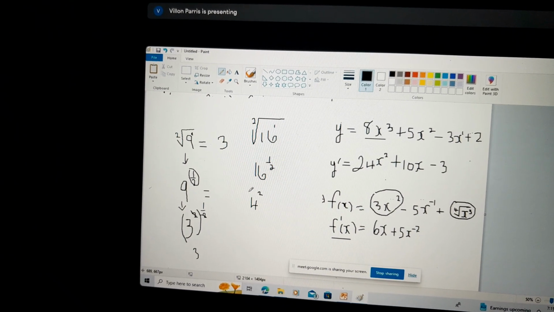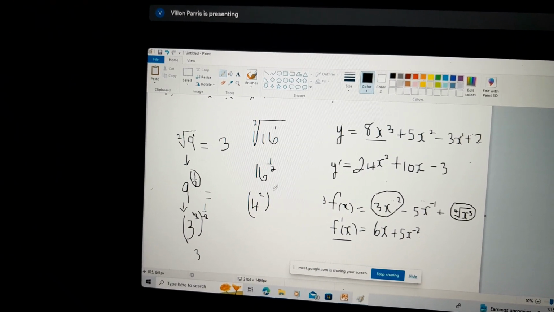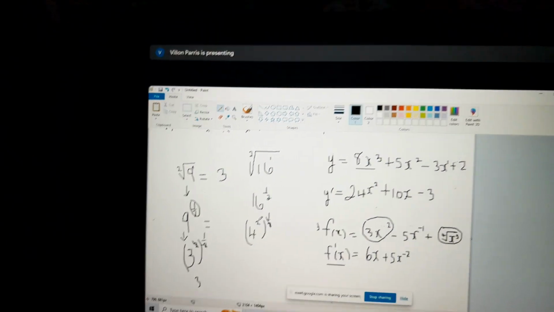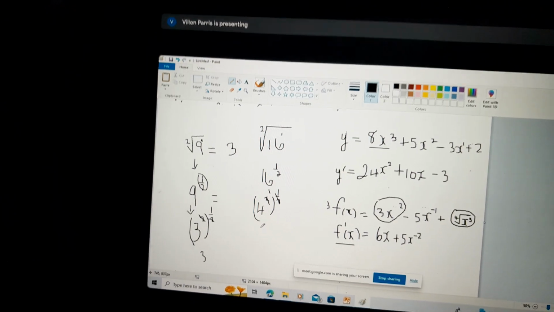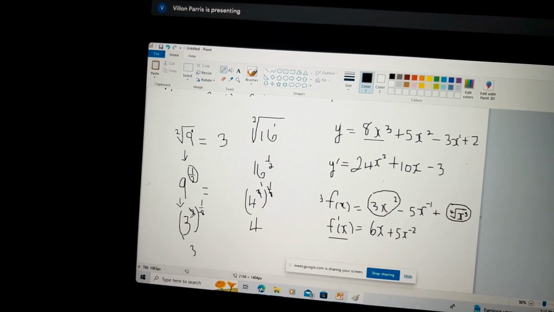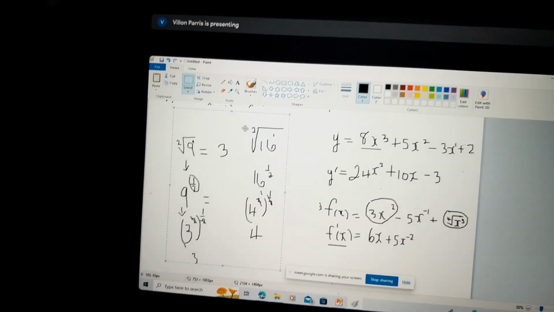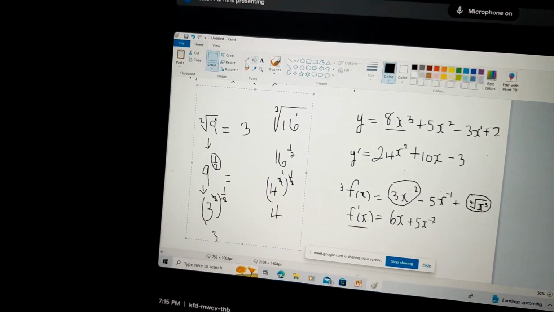So it's 4 squared to the half power, and half times 2 is equal to 1. So your final answer is 4. Are you convinced now that square root is the same as half power? Yes, sir.